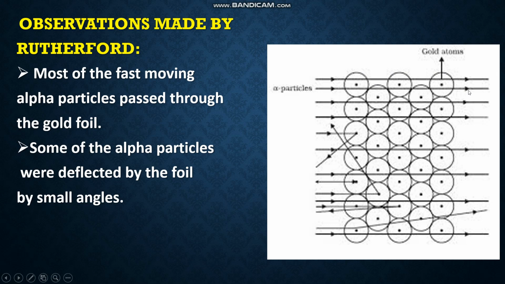Some of the alpha particles were deflected by the foil by small angles. Here you can see some of them deflected, that means they changed their path by small angles.